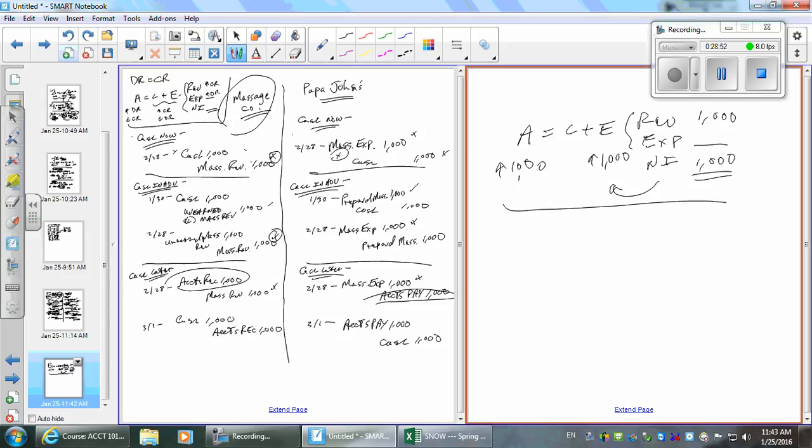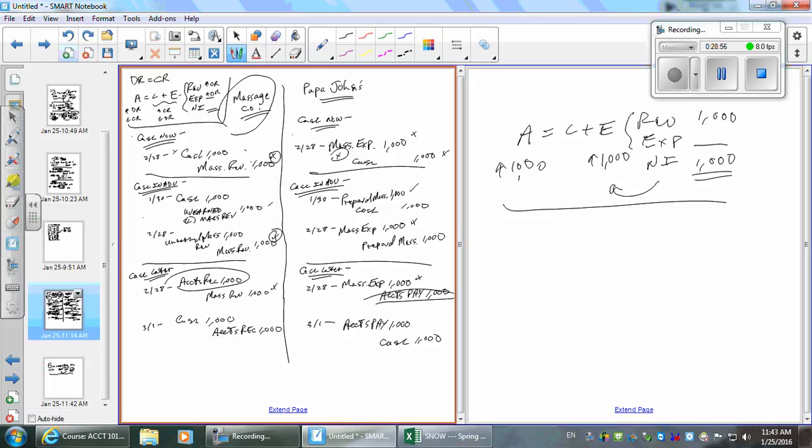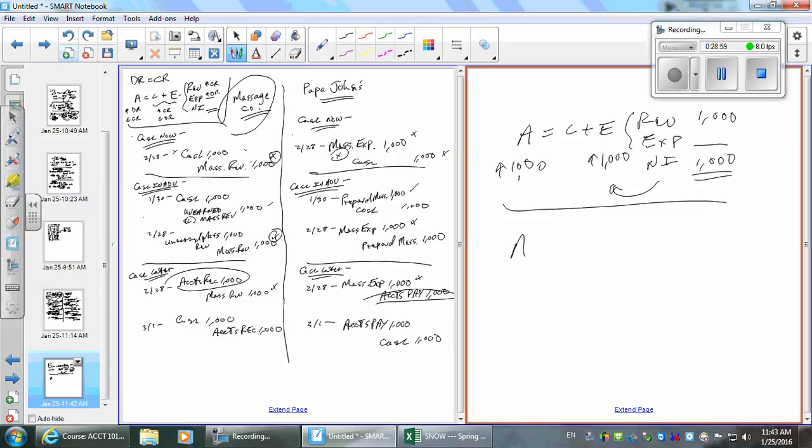Well then, let's do the second case there, okay? What happened? This is where I got paid in advance. Okay, what happens, guys? We debit cash and credit unearned revenue, right?